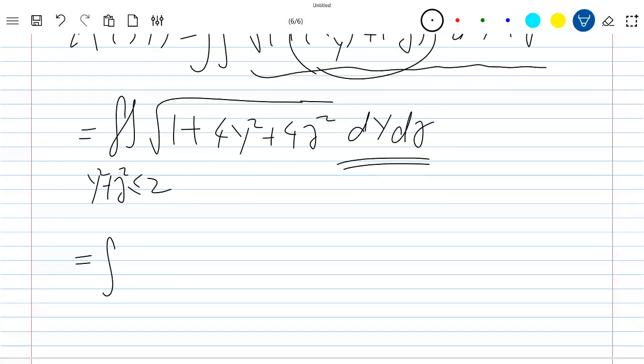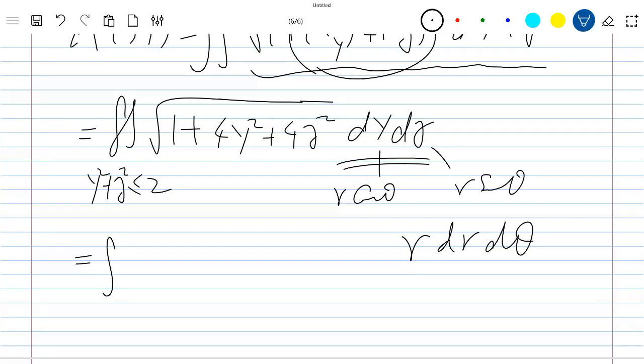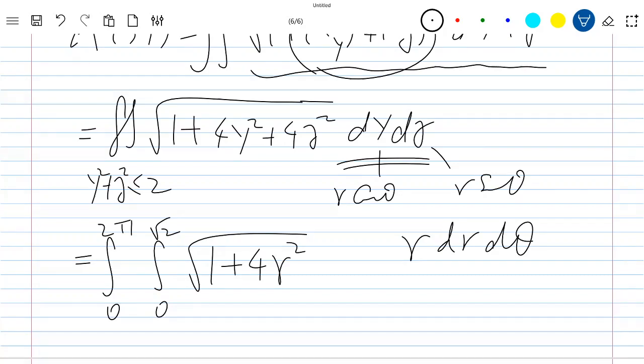Let's say r d theta, and let y equals r cosine theta and z equals r sine theta, right? So the theta is 0 to 2 pi, and r is from 0 to root 2. No, it's not 2, it's root 2. And what's inside? 1 plus 4 times y squared plus z squared, which is just r squared. And that's it, right? Just this integral.